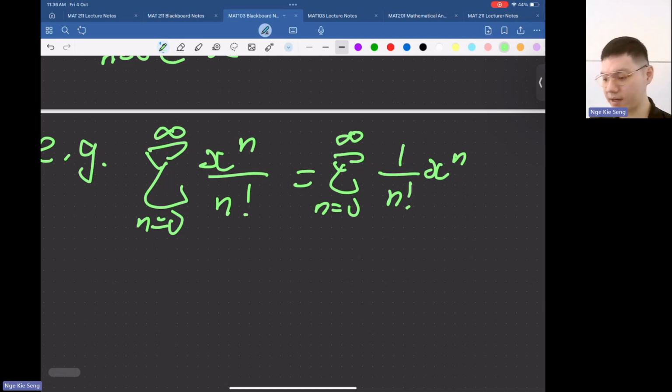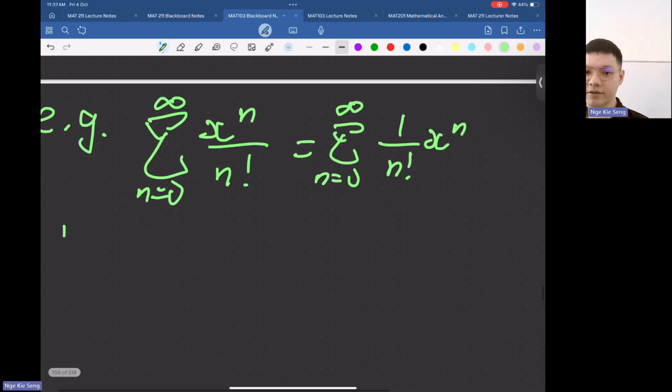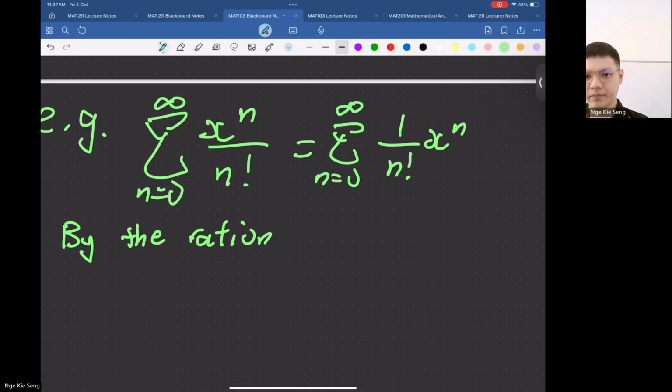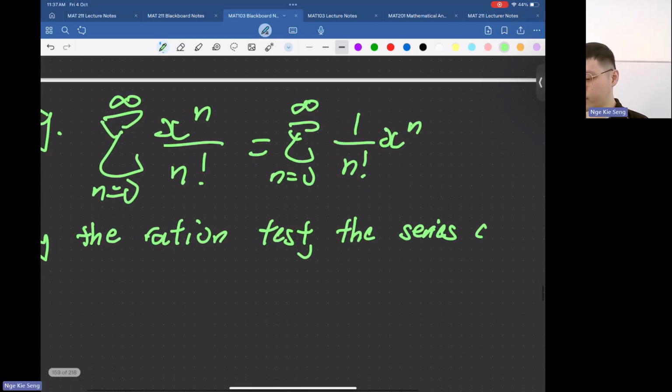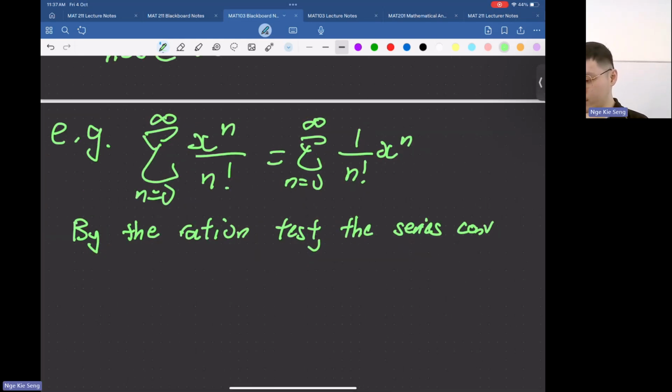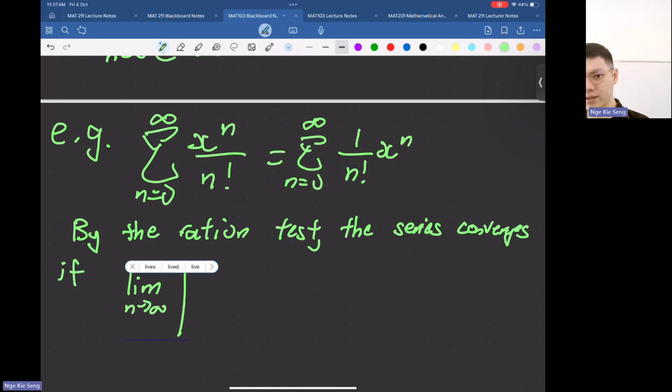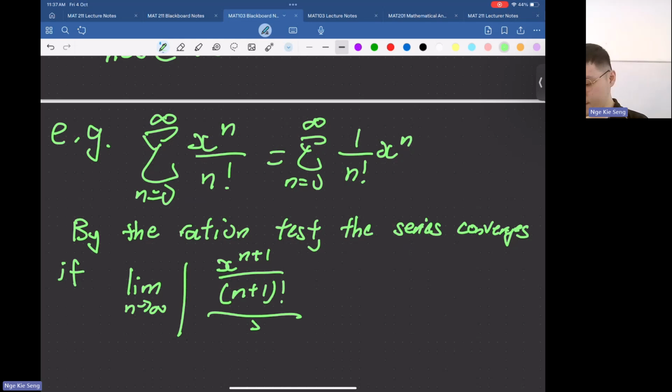We use the same technique here. We will use the ratio test again to see when this series converges, because the ratio test will give you a useful inequality. We want to make sure that the ratio between the a n plus 1 term and a n is less than 1.